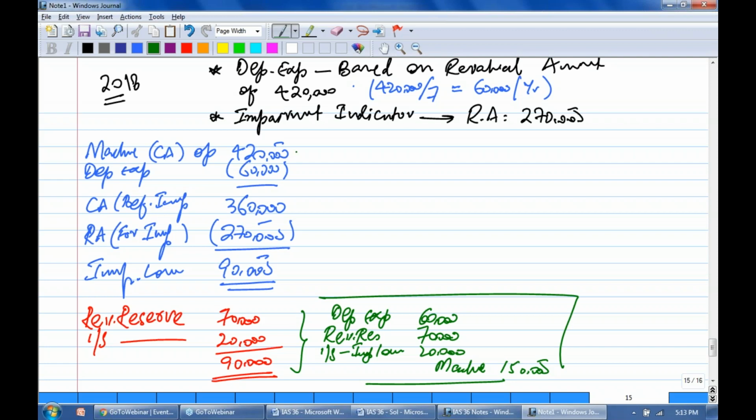So that's the difference of 420 and 270. That is 150.